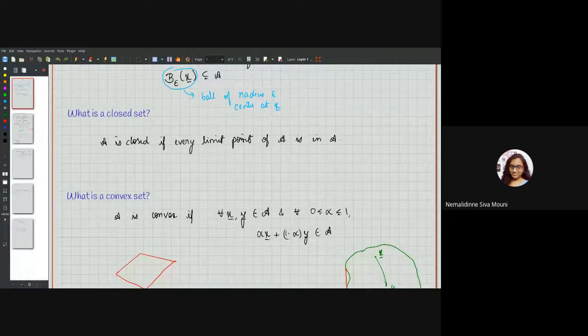Sir, am I audible? Yes. Sir, we have said that the rate regions are convex, assuming TDMA, that is alpha fraction of time for user one and 1 minus alpha for user two, we said that it is convex.